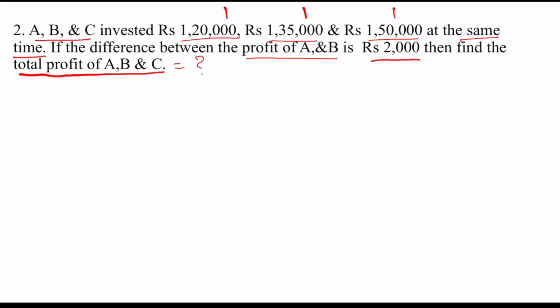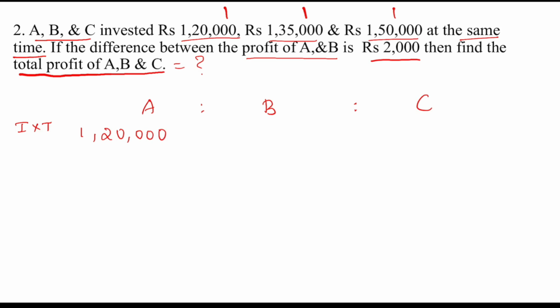Now, we know that A is to B is to C is investment into time. Always the ratio is investment into time. Okay. So A is investing 1,20,000. Time they have not given. Time is same for all the three they are saying.